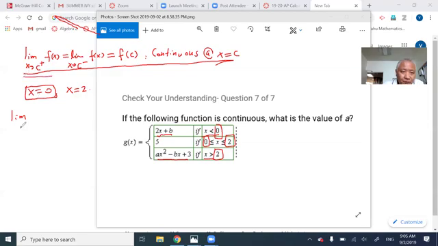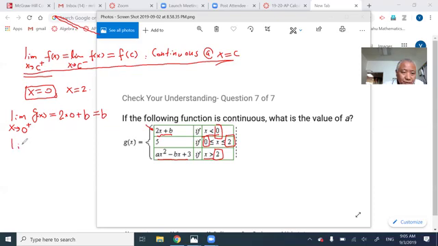The limit as x approaches 0 from the right side of g(x): from the right side of 0 we use this piece of the function, so you get 2 times 0 plus b, which equals b.